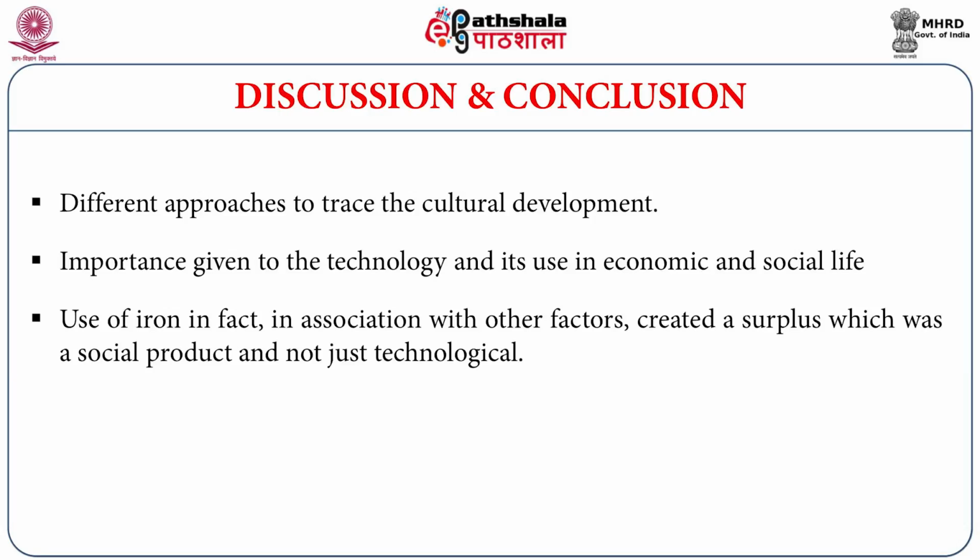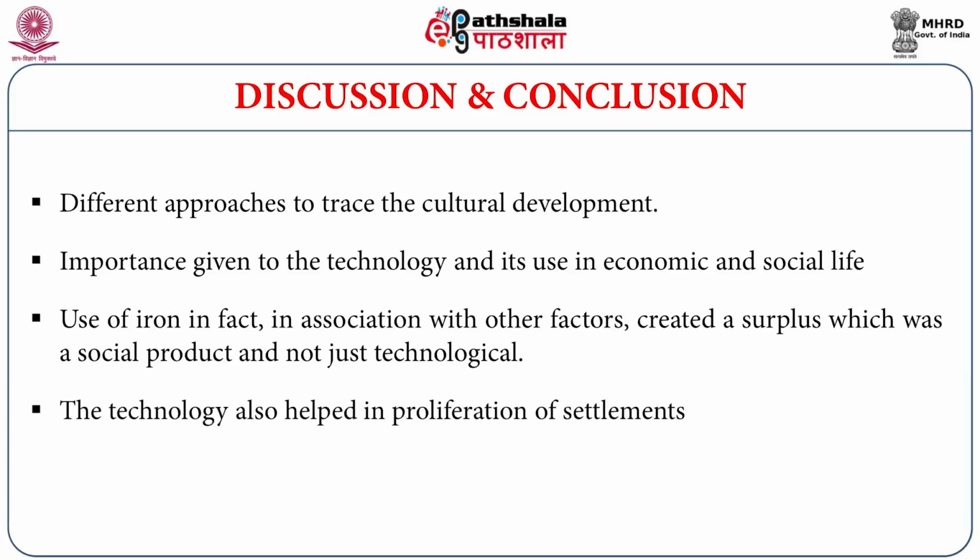Therefore, the social product was very important in the formulation of urban center and urbanization. The technology also helped, but the technology was not a prime mover. Technology did help in the proliferation of the settlements, but there were other external factors like social and political organization that contributed to the efficient use of the technology.